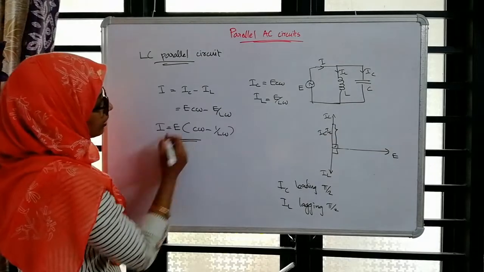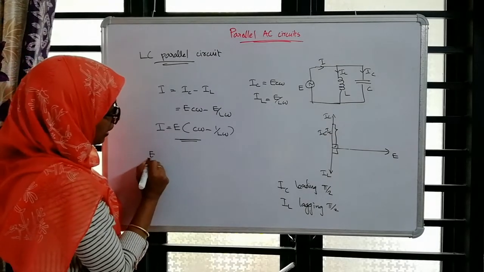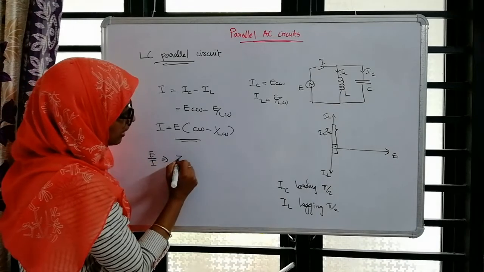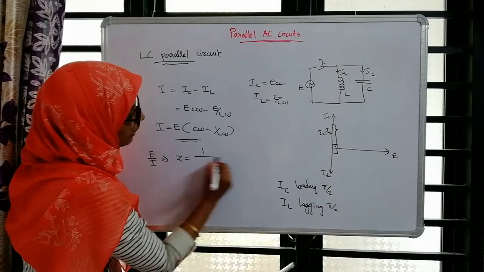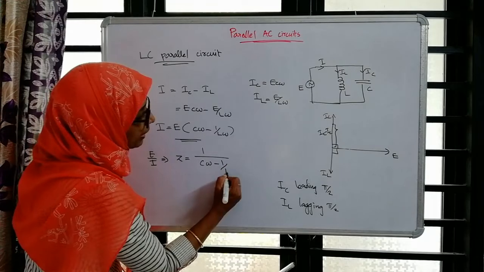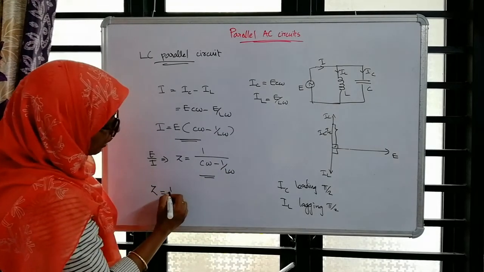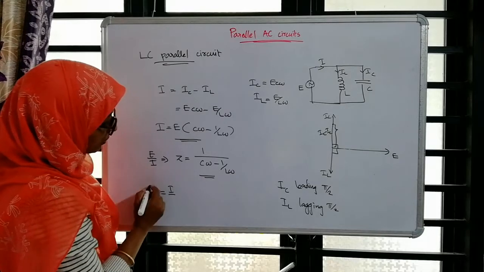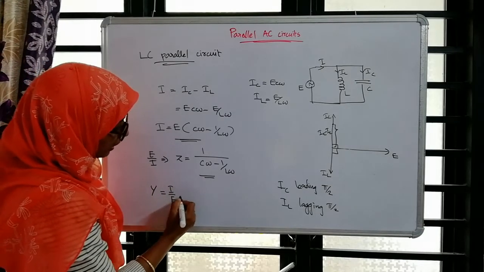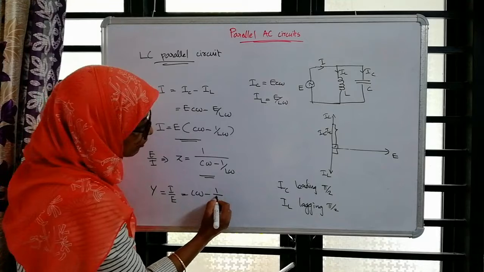And also the impedance E by I is equal to Z is equal to 1 by C omega minus 1 by L omega. And also admittance Y is equal to I by E, which is equal to C omega minus 1 by L omega.